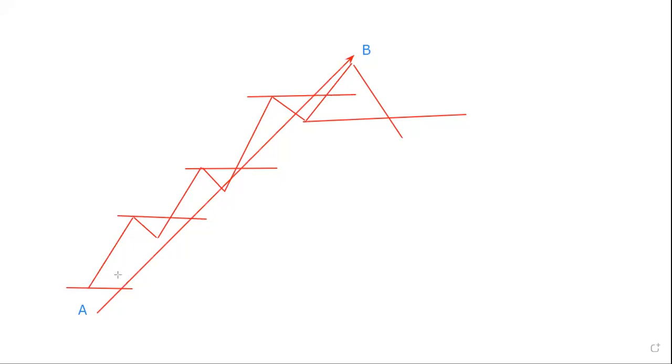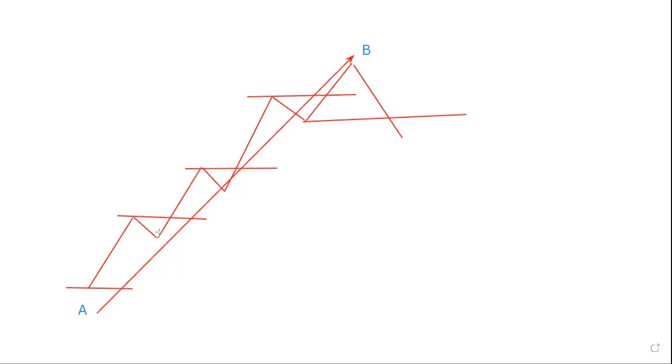And until a market breaks a previous high, it cannot create a higher high. So we are calling this a higher high because it has broken a previous high. And we are calling this a higher low because it is a low that is higher than the previous low.